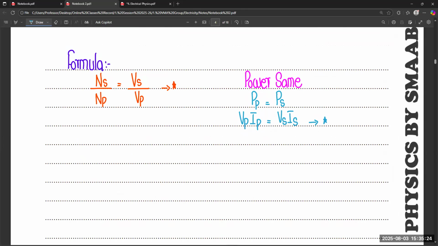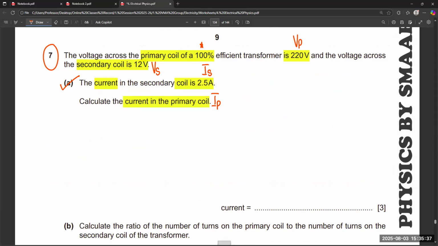This equation is especially for a 100% efficient transformer because input is equal to output, so there will be no loss. Input is equal to output. We have to find out the value of IP.